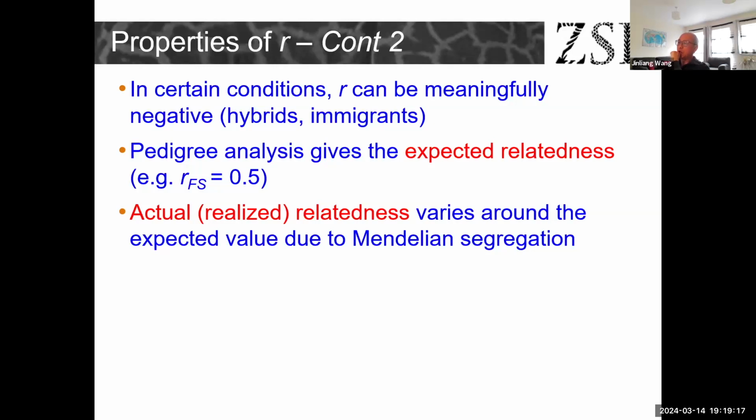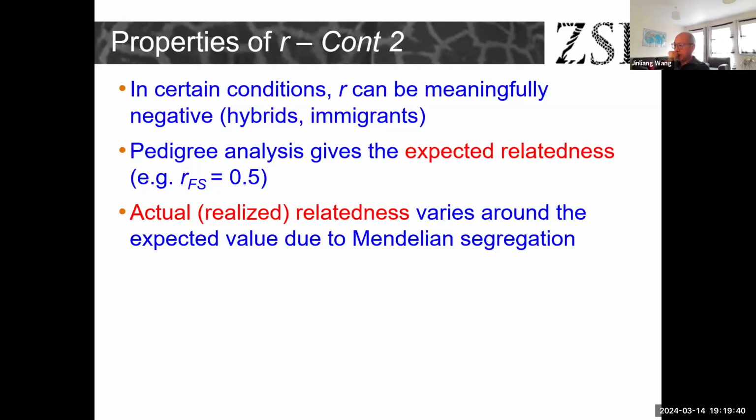This is always true if you are using pedigree, because this is the expected value. It has nothing to do with the genome structure, genome size, and has nothing to do with the species. It's purely determined by the pedigree.